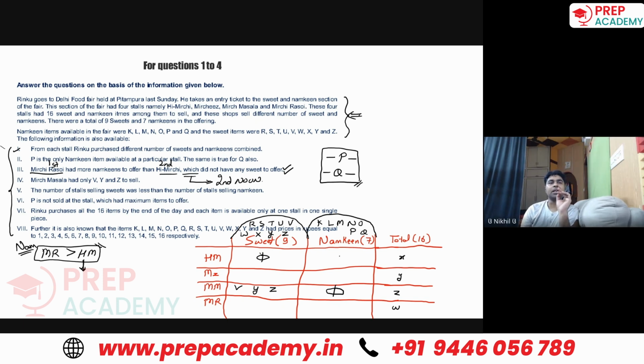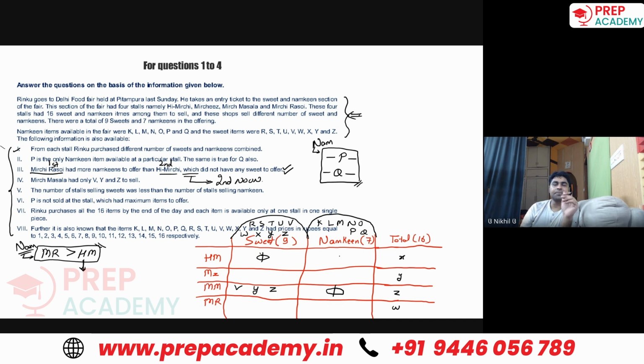Coming to the next part, now just see the information being talked about namkeens. There's a statement that P and Q, wherever they come, will be single. Nothing else will be there. The second statement about namkeen is that MR is supposed to have more namkeens than HM. And also, we are told that MM doesn't have any namkeen.